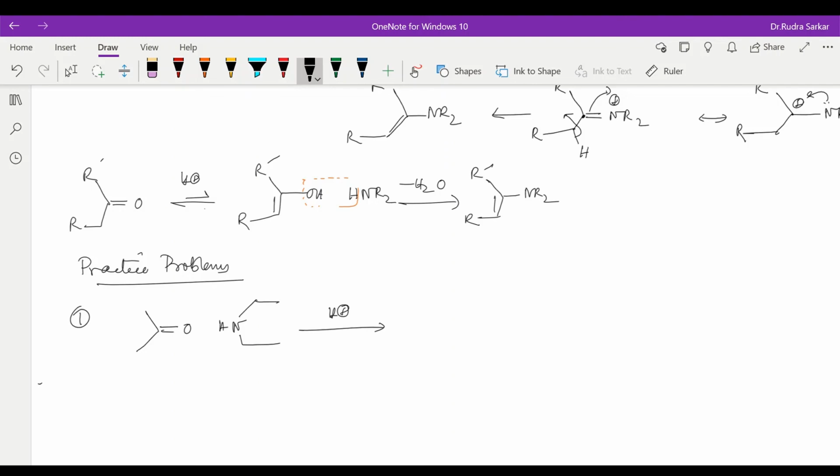So product will be enamine. That means I have to convert this to an enol and take out water. Okay, and that will be giving me my product.